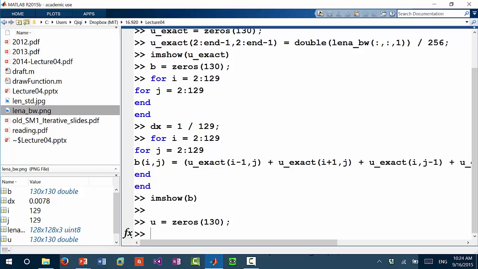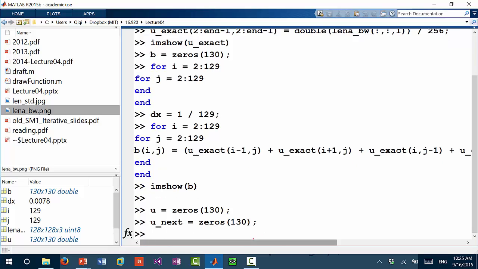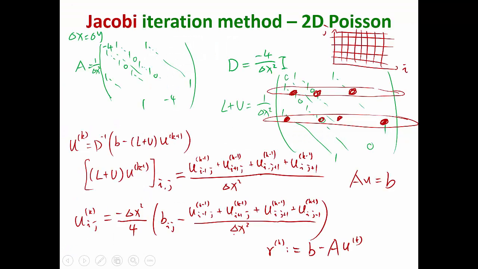So this is my initial guess, and I want to do U next. So let's say initially this is U0. U next is going to be U1. Okay, and I'm going to follow this very iteration.